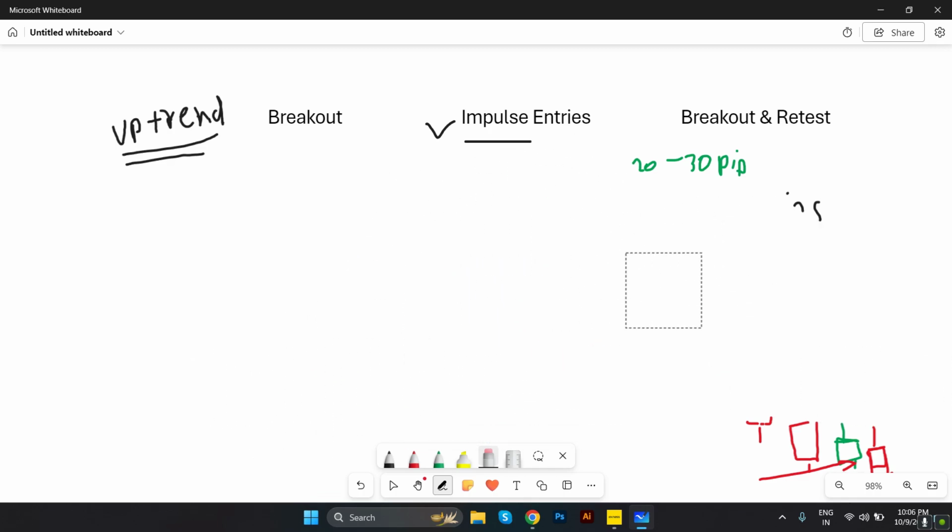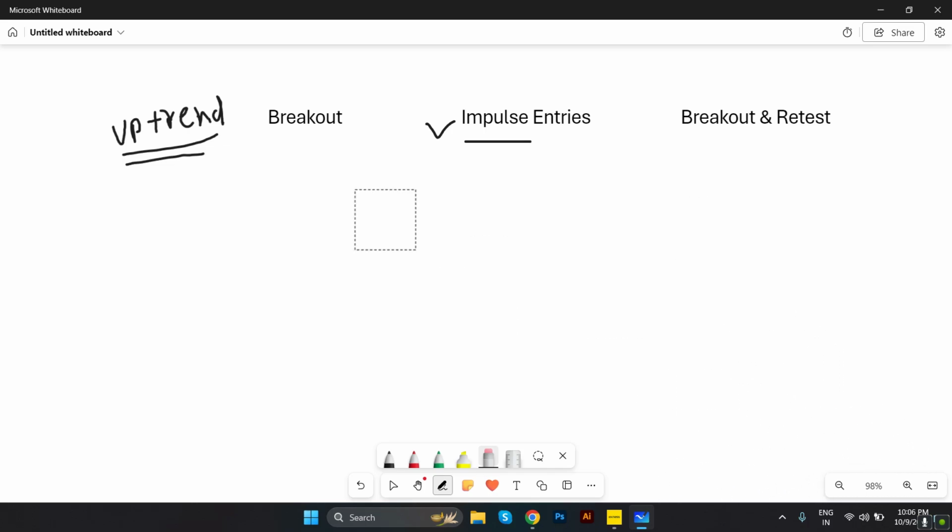But this only happens when there is a good amount of volume in the market. Volume is going to be the only key where you're going to make most of your money, and you're going to see big moves like 70 80, 30 40 pips moves only when there is enough volume in the market.